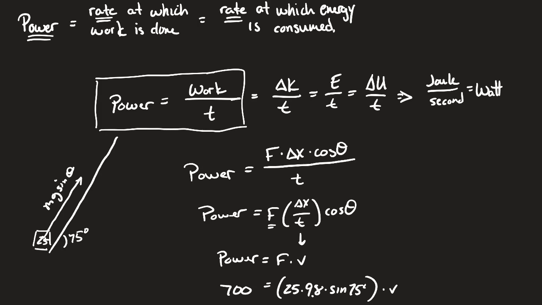The angle they gave me was 75 degrees. That's the force necessary to lift the object. They tell me the power of the motor is 700 watts. So how far they move it divided by how long it takes to get there is how fast it's going. That's why they're asking for the velocity.